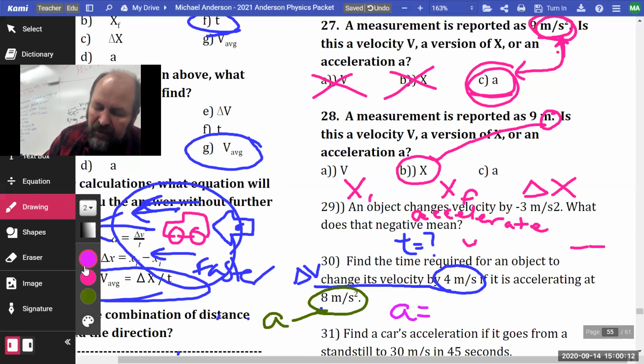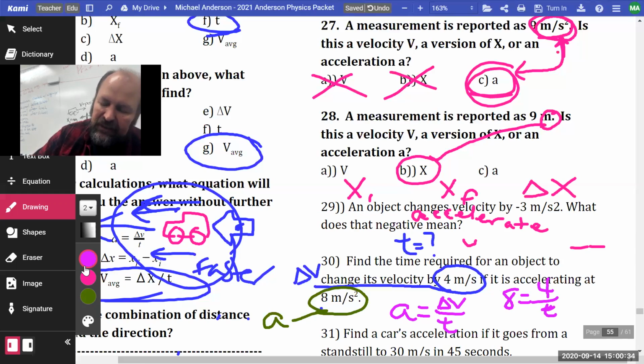And we don't know any of that information. So we cannot use that longer equation. This is the only equation that has the t in it, and everything else we know. So we're going to put in the numbers for everything else besides the t. And I'll get 8 is equal to 4 over t.